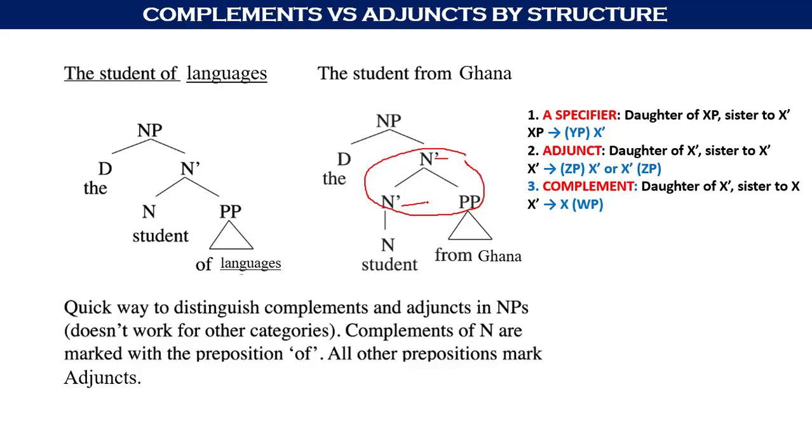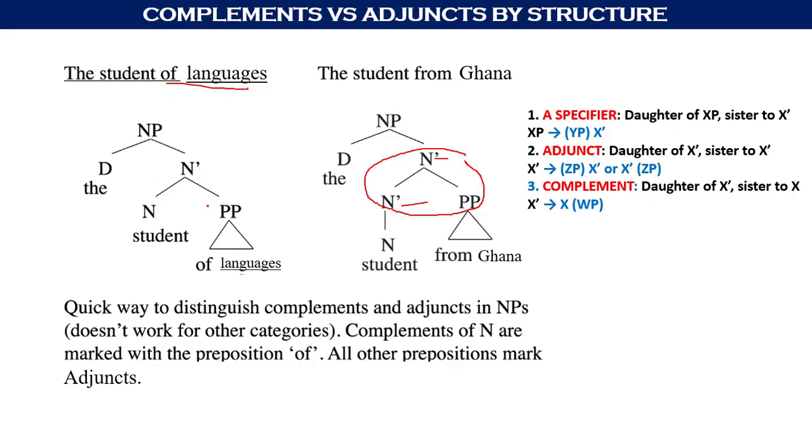Now, let us move on to the last rule, which is the complement rule. We didn't have any adjuncts here, but do we have a complement? Yes, we have a complement. And what is that complement? Of languages. So if of languages is our complement, then what did we say? It should be a daughter of X-bar and a sister to X, the head.